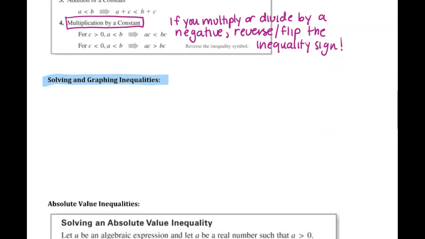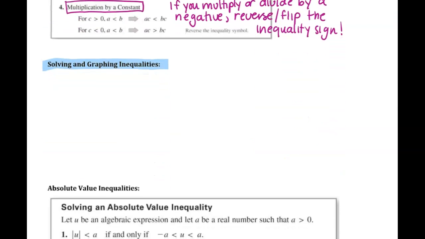So for solving and graphing inequalities, I'm going to show you some examples. So first, let's look at 2x plus 3 is greater than 4. For the most part, solving, you treat that inequality symbol just like an equal sign, just taking into account that it's there at the end and making sure if you multiply or divide by a negative, you flip it.